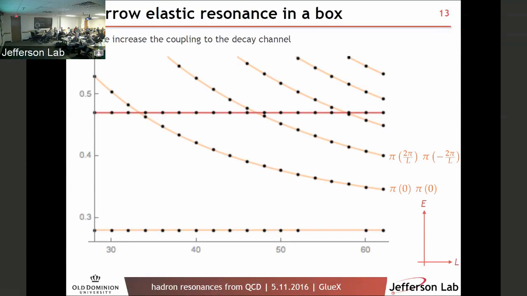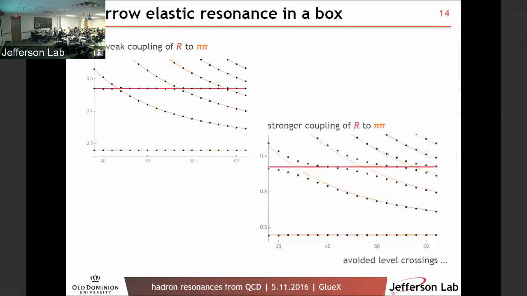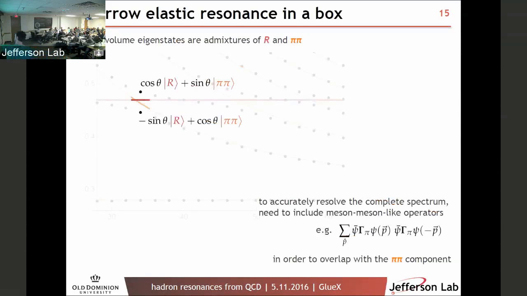This is the same thing you get in perturbation theory in quantum mechanics, when you have two levels and then you turn on a perturbation that mixes the two. So the interpretation here is that in a finite volume, the eigenstates that you're getting, these guys, you can think of, roughly speaking, as being admixtures of a resonant-like state and a meson-meson-like state.